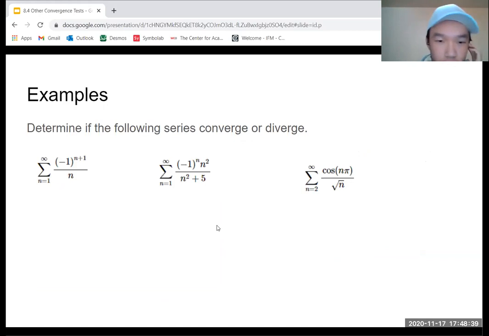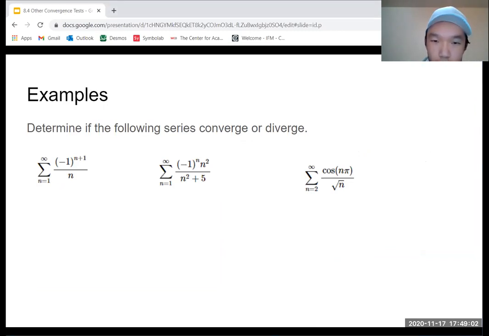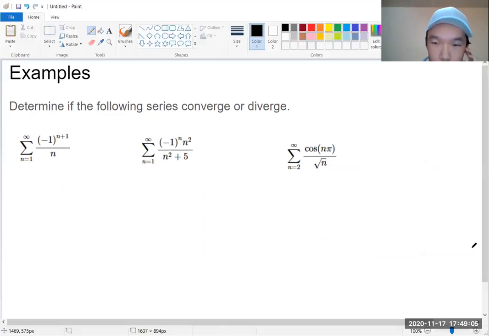All right, so let's look at these examples here. Okay, so number one. Well, first of all, directions say determine if the following series converge or diverge. Okay.